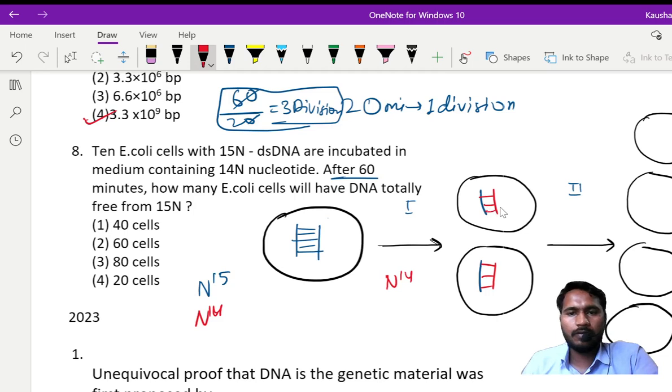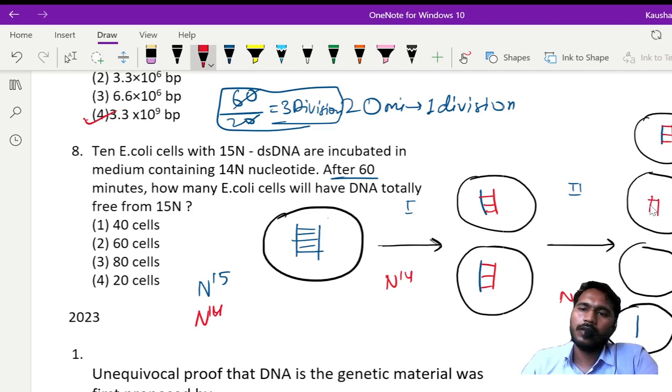One is N15, and the red is what? You tell me. Red is N14. Good, and blue is the N15 strand. Now it will make a copy, and since we don't have N15 in the medium, no new N15 will come. Only these two will be N15, and all the other strands will be N14.